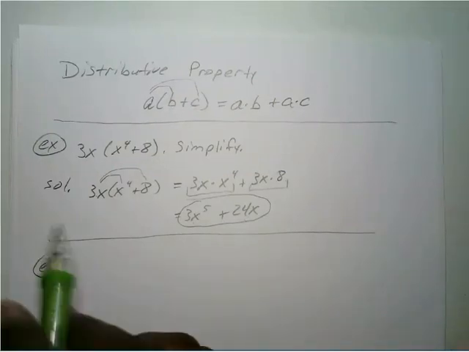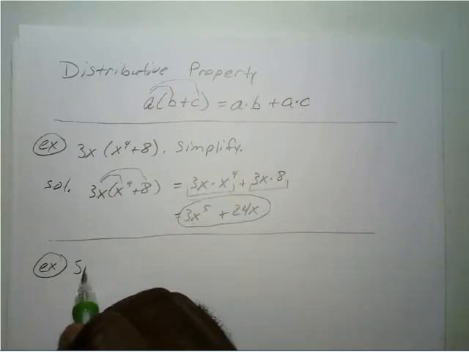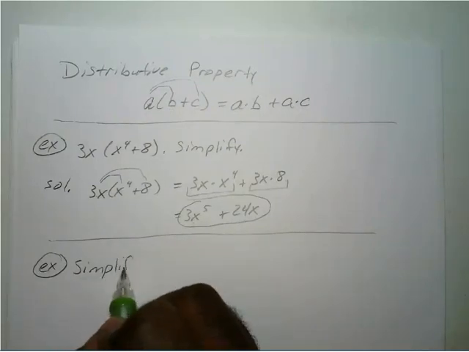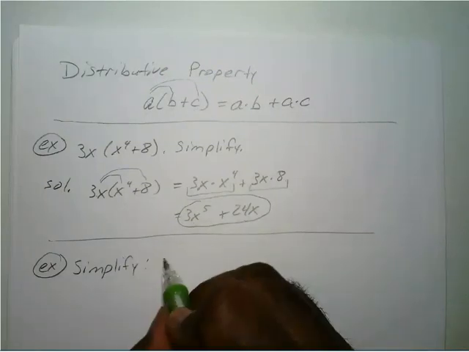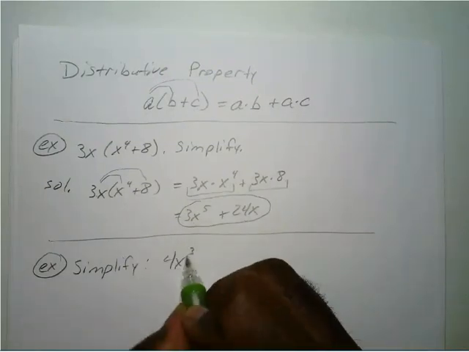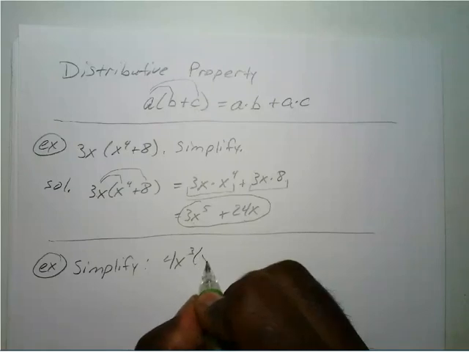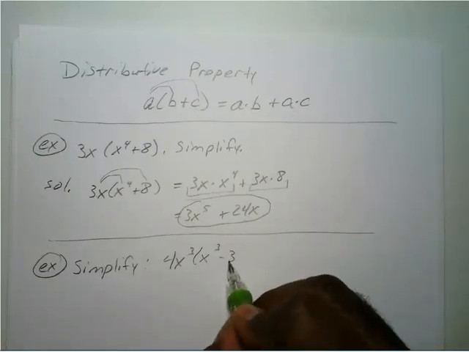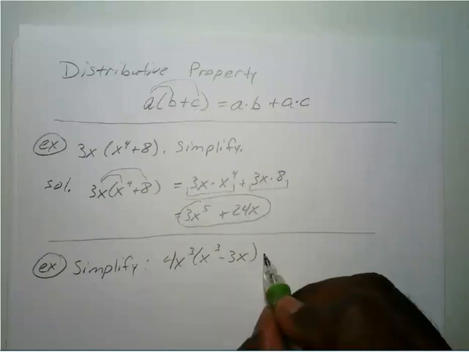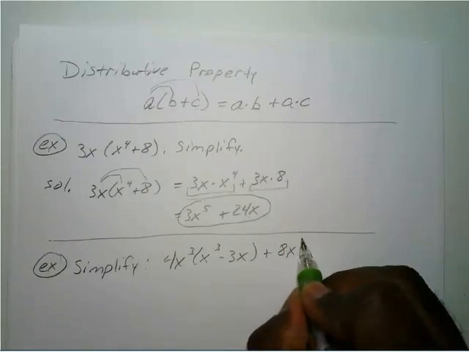Okay, so let's say you have to simplify 4x to the 3rd power times (x to the 3rd power minus 3x) plus 8x to the 6th power.